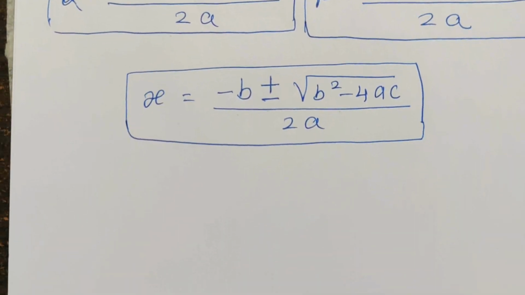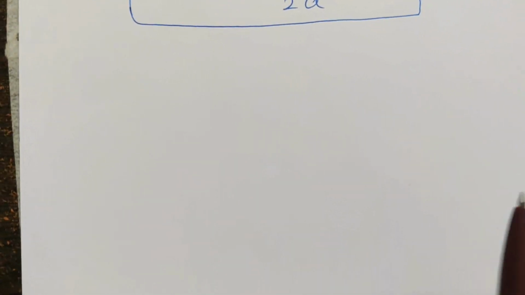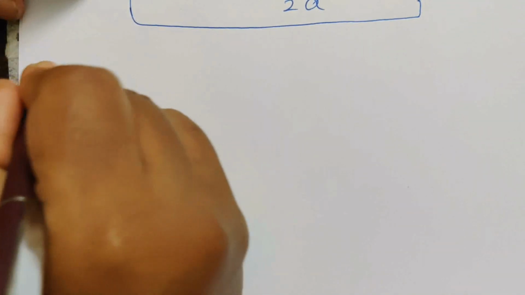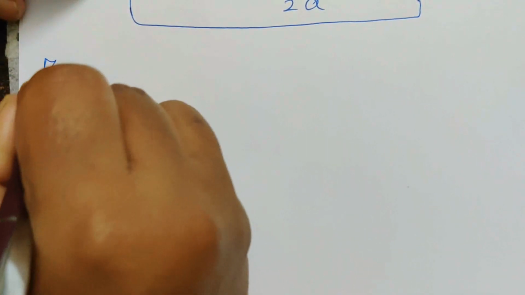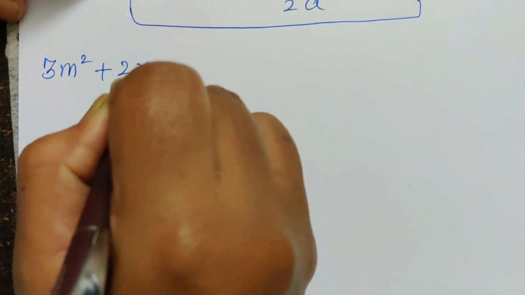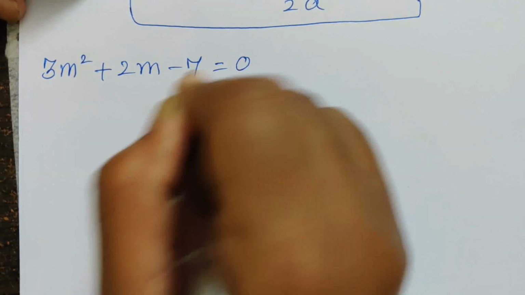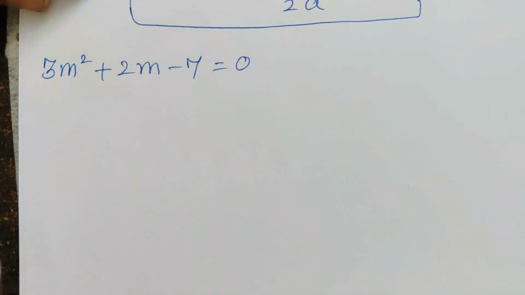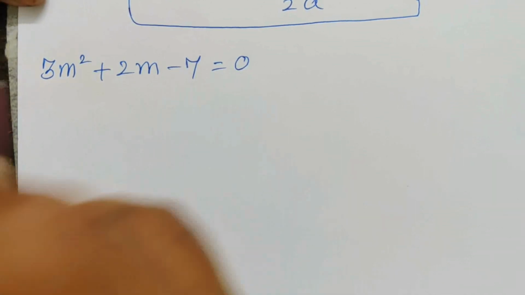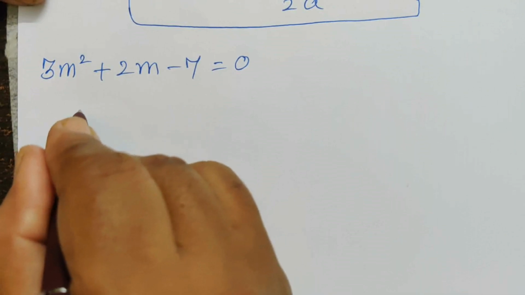So the first example we'll see. Suppose 3m square plus 2m minus 7 equal to 0. Now here we will use the separate formulae. So first we will find the first root, that is alpha.